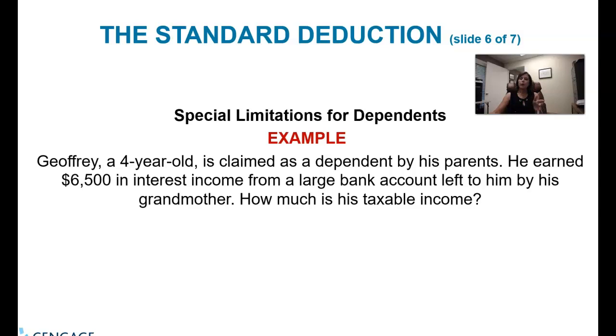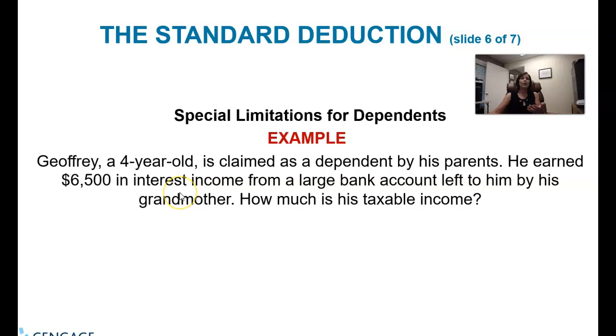Well, remember that $1,100 or $350 plus earned income plus earnings is the test. Does Jeffrey have earnings? Well, this came from interest income from a bank account. Jeffrey just had to wake up every morning to receive this money.